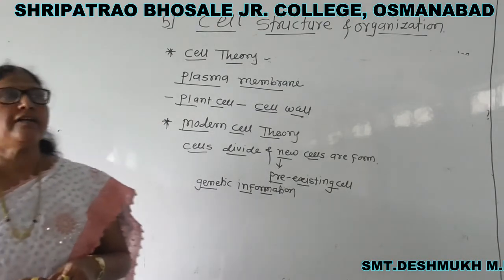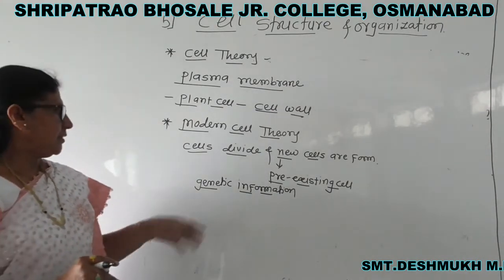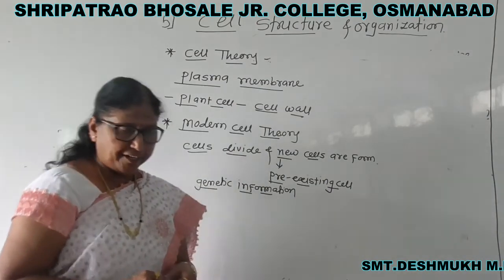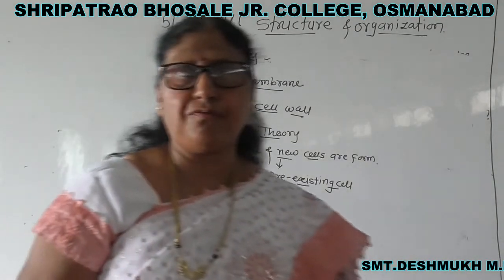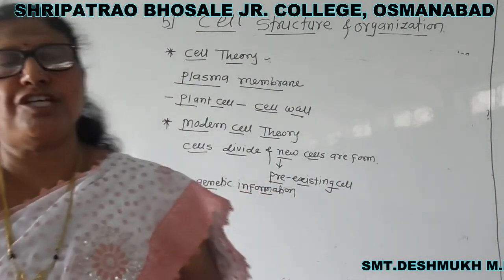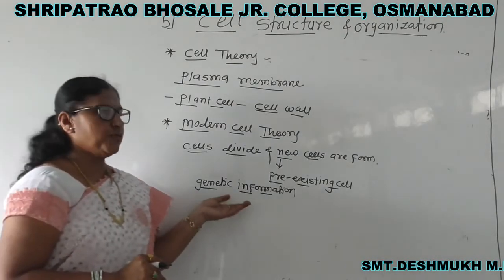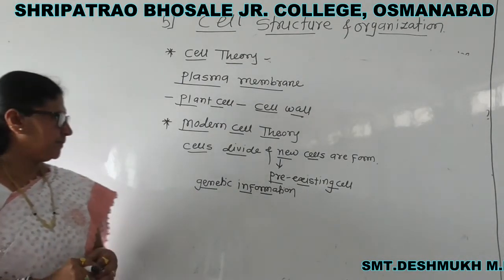The nuclear membrane disappears, then the genetic information in the form of genes present on the chromosomes, which become short and thick.